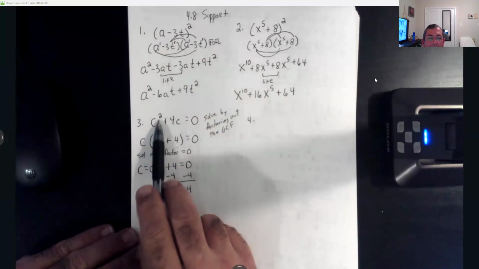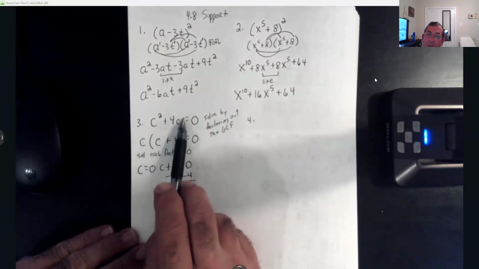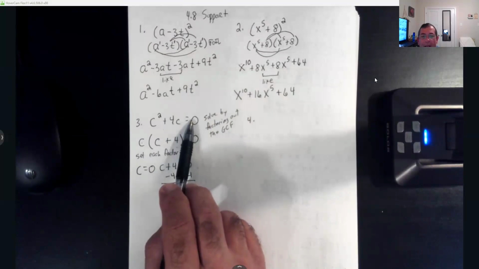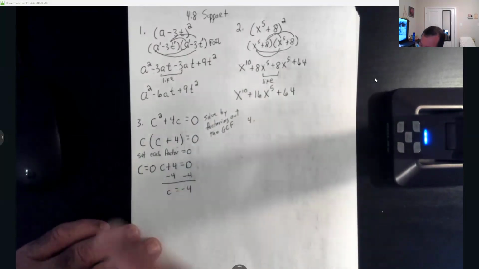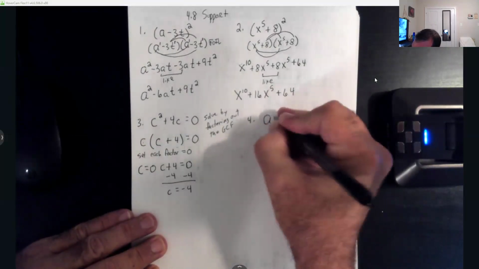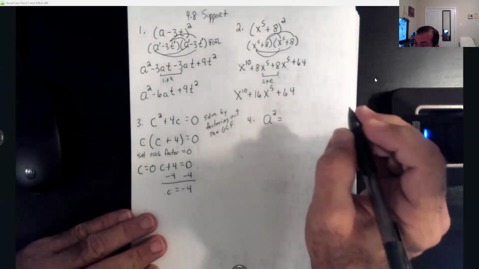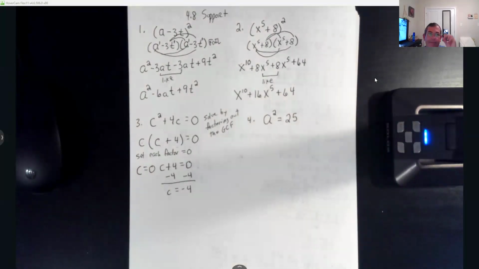So notice this one you had your x squared term and the x term. This one was missing the number. So anytime your trinomial is missing the number at the end, you're going to solve by factoring out the GCF. Now look at the difference on this one. This one has a squared equals 25.